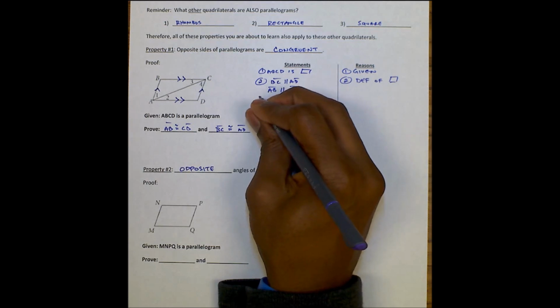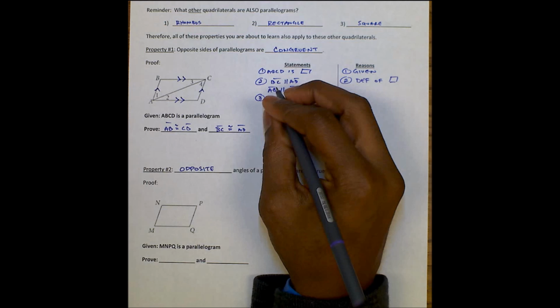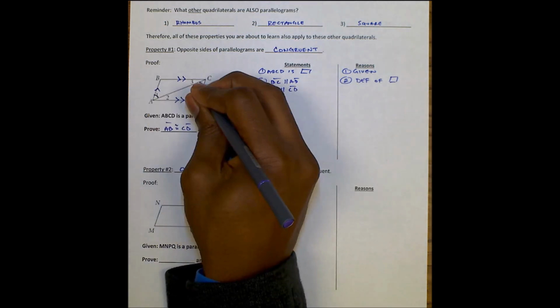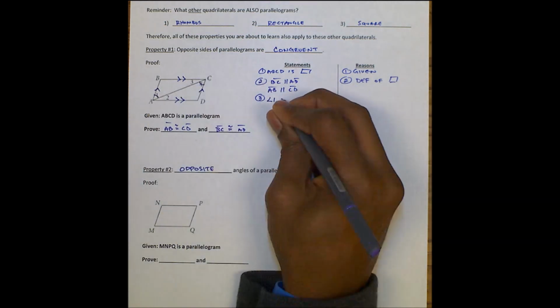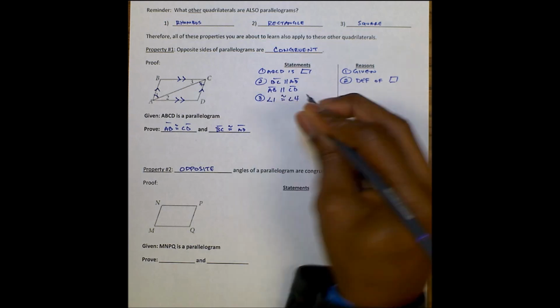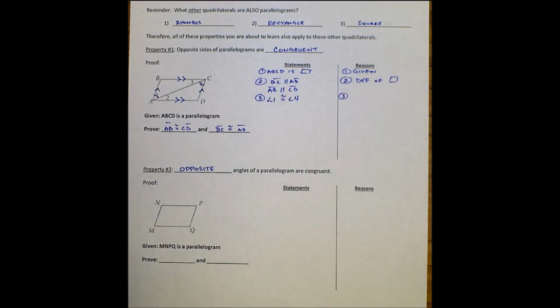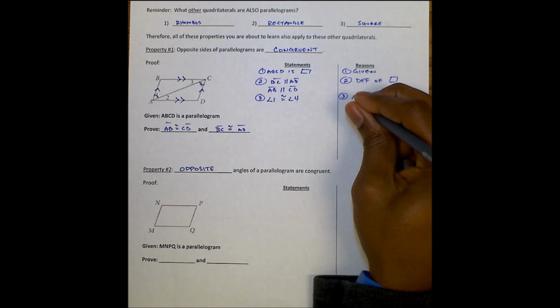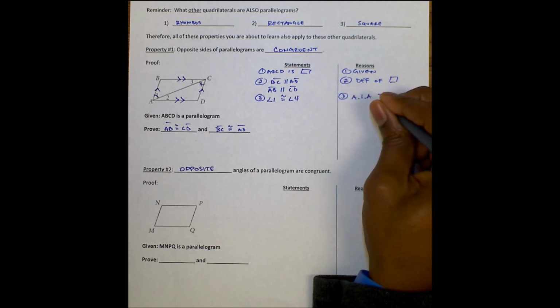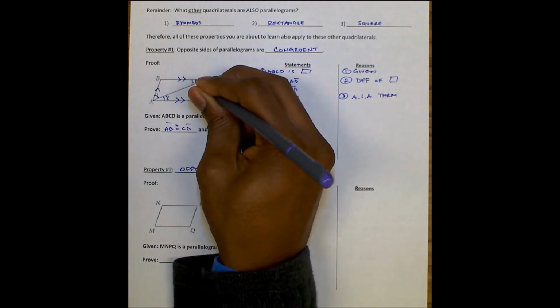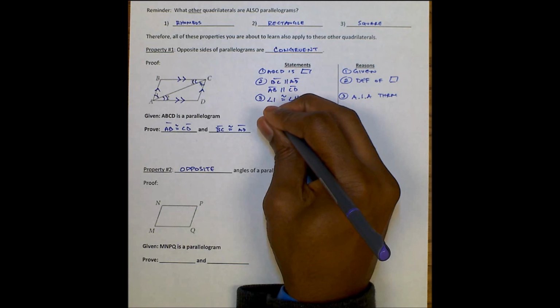And now anytime I think of parallel lines, I'm thinking alternate interior angles, corresponding angles, maybe same side interior angles. But here I see alternate interior angles. So I'm able to say that angle 1 is congruent to angle 4 because of the alternate interior angles theorem. I can also say by that same logic, by using that BC is parallel to AD, that angle 2 is congruent to angle 3.